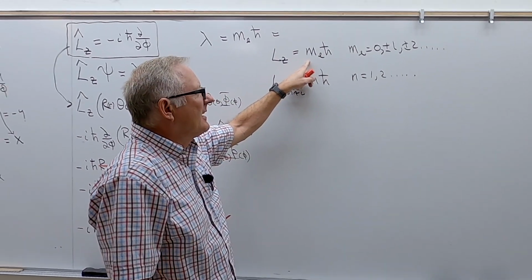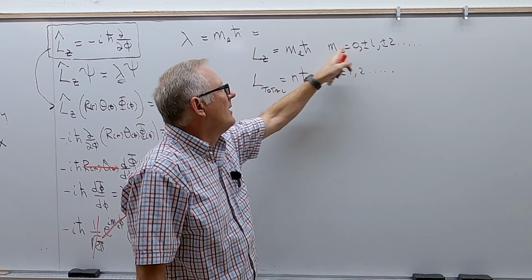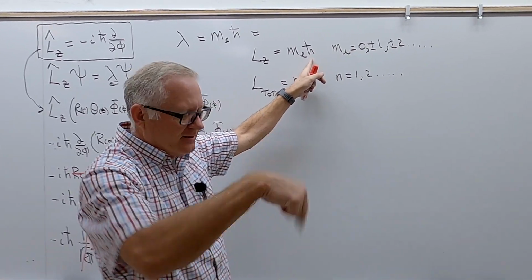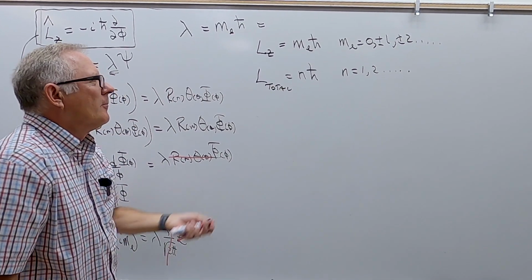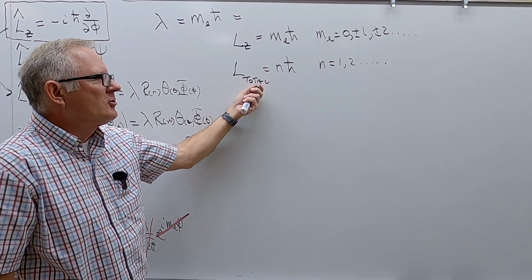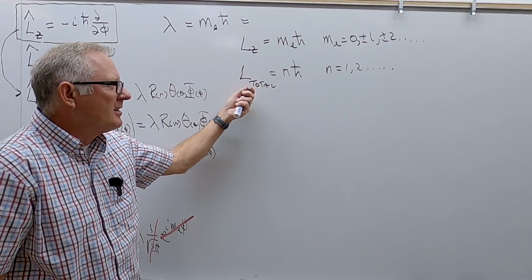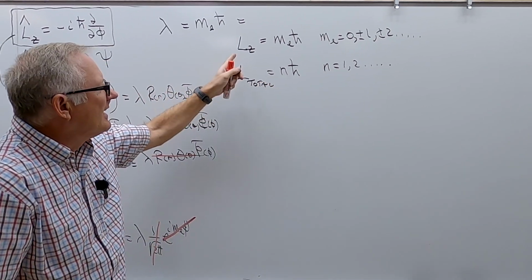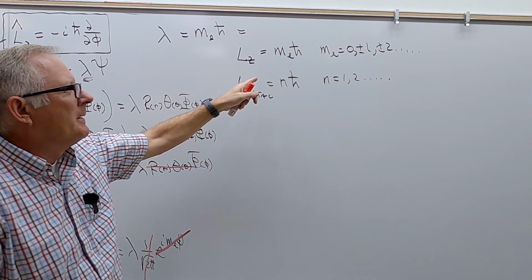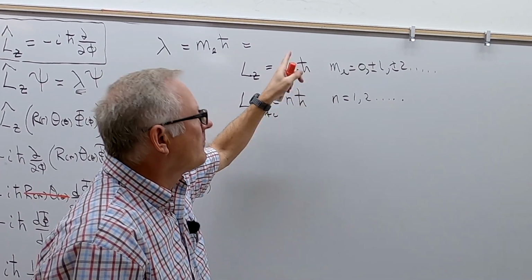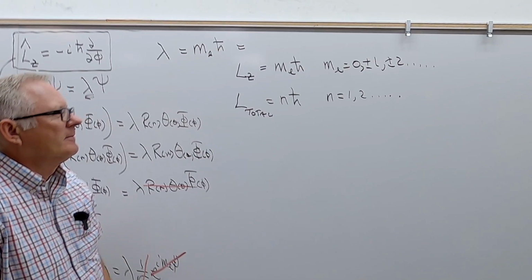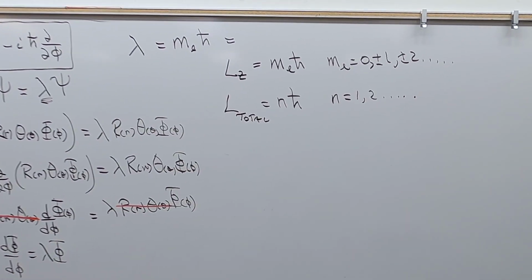Well, here, the z component can be 0, plus or minus h bar, plus or minus 2h bar, plus or minus 3h bar. So he didn't quite get it right. It wasn't that the total angular momentum is n h bar, it's that the z component is 0, plus or minus h bar, plus or minus 2h bar, and so on.